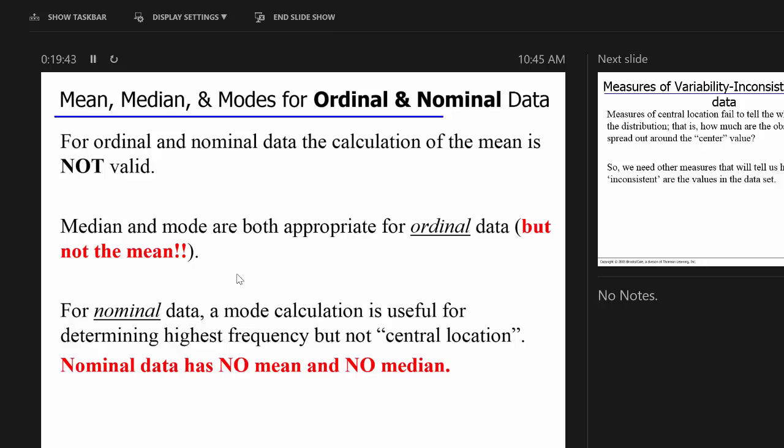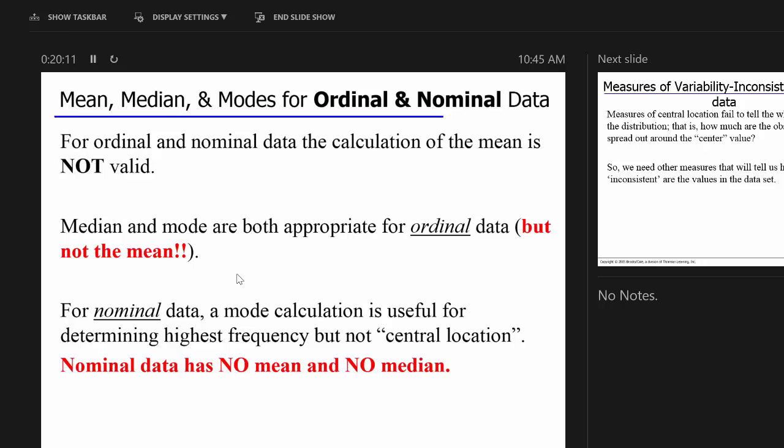The ordinal data is slightly more privileged, right? You still cannot compute the mean because it's still categories, which you assign numbers randomly. It's your choice, right? So there is no mean computation. Okay? But similarly to nominal data, you can report the mode, the most frequently encountered class or category, right? And also, you can report the median. Okay?